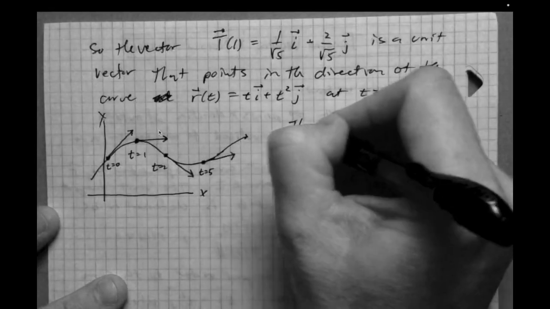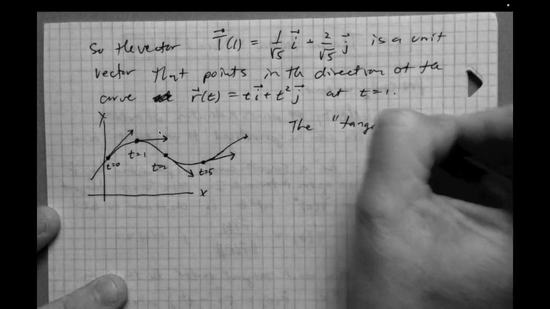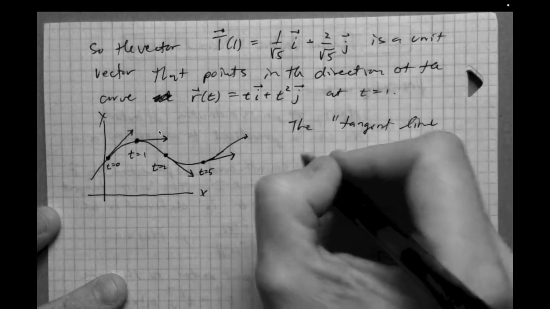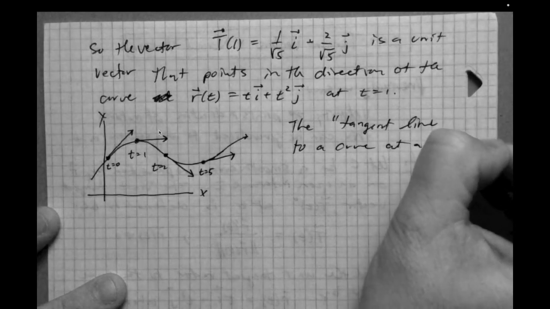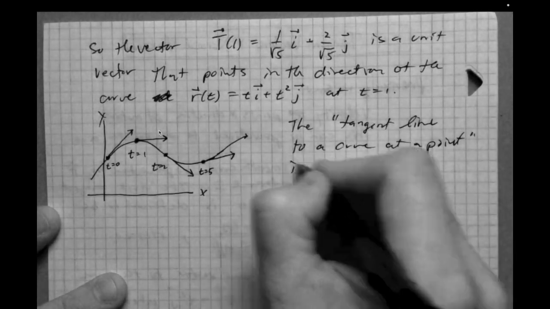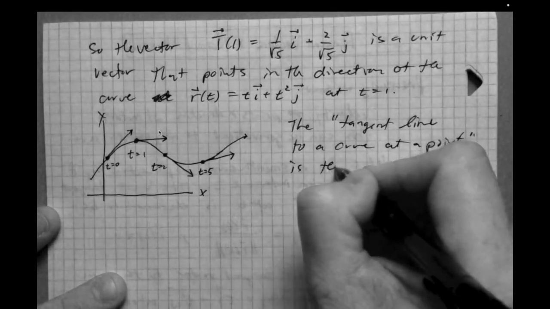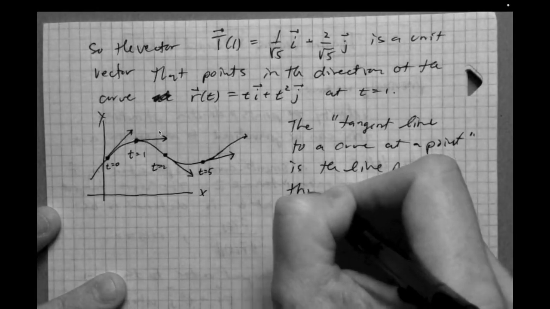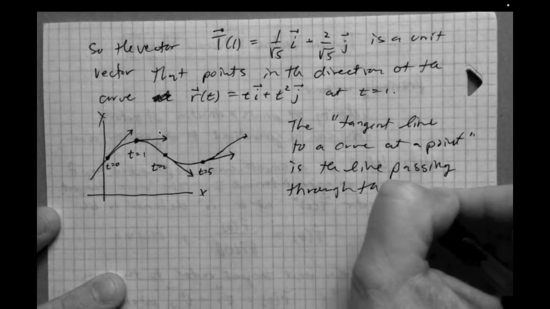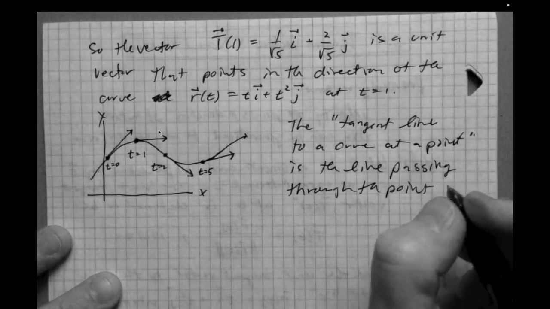Now, the tangent line to a curve at a point t is specifically going to be the line passing through the point that is parallel to the unit tangent vector.